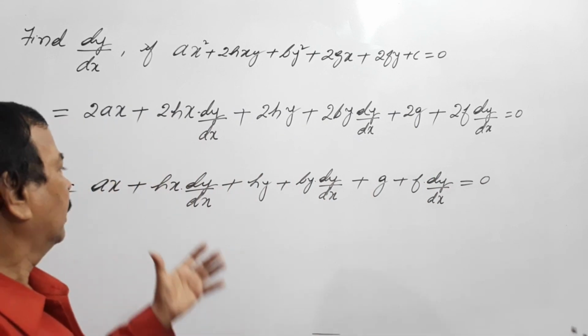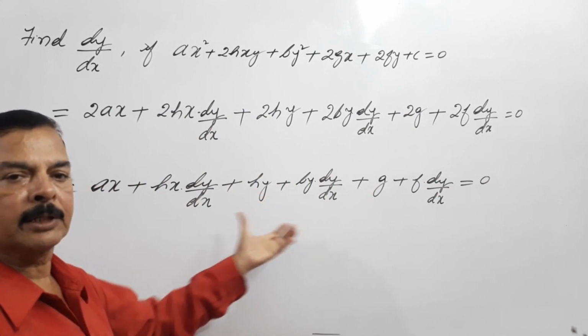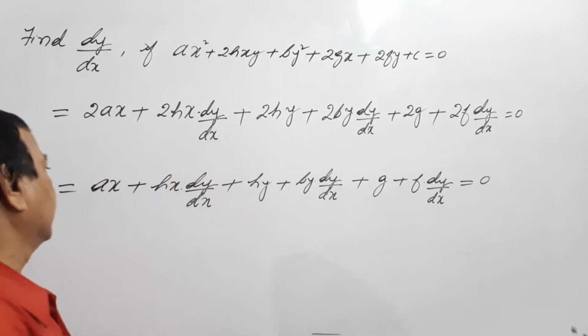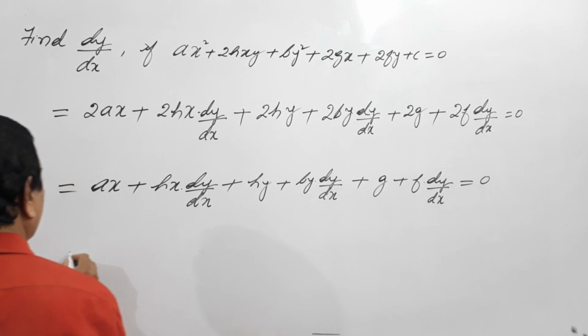So what I'll do, I'll bring all the dy by dx terms on the left hand side, the remaining on the other side. So this becomes what?